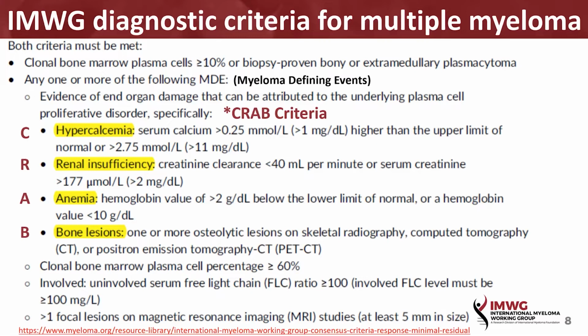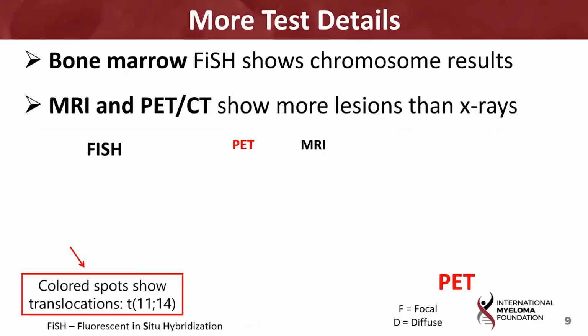So there's a movement away from the CRAB criteria, which we used to see a lot of in the past, with patients having a lot of bone lesions, a lot of bone pain, kidney problems, and severe anemia, and more towards the earlier features, which make the disease much easier to manage without problems.